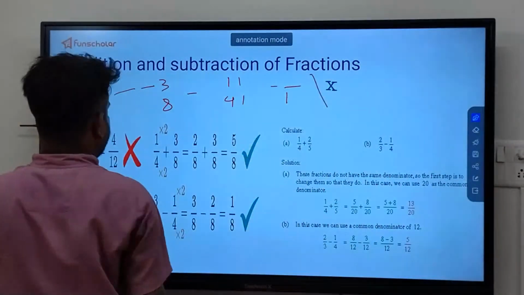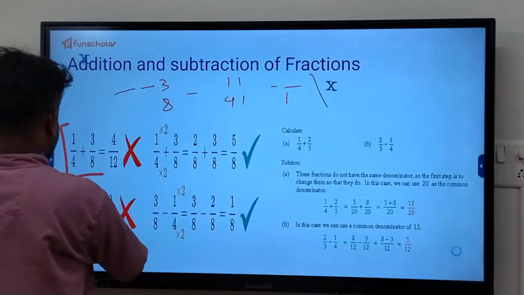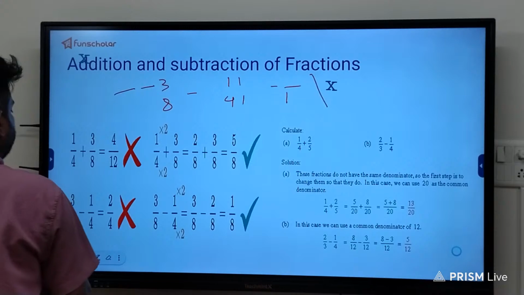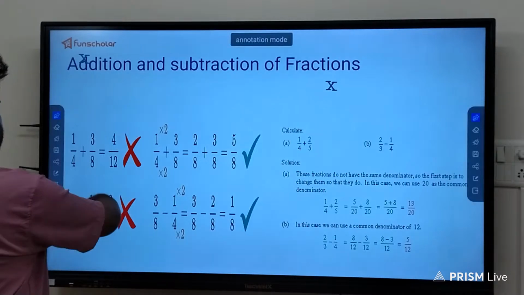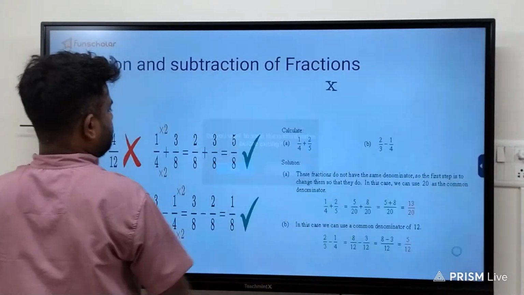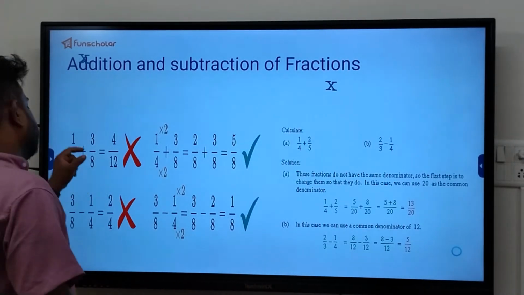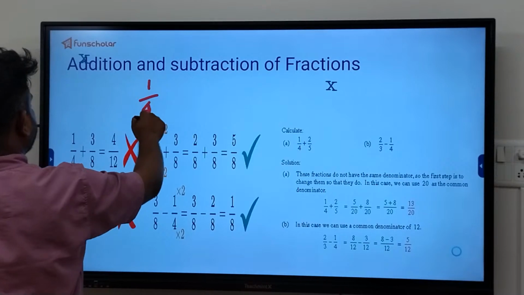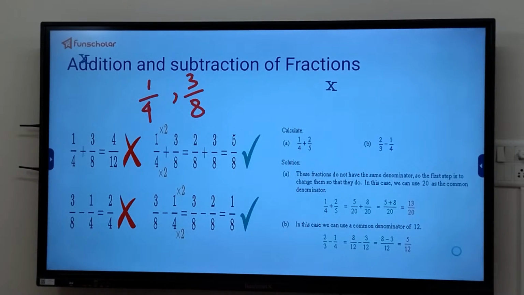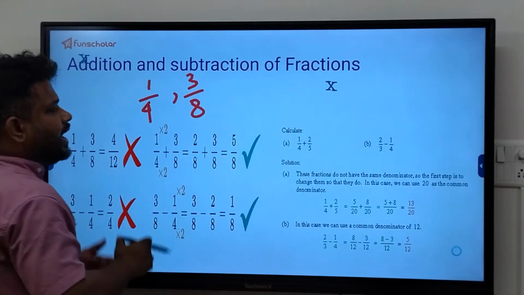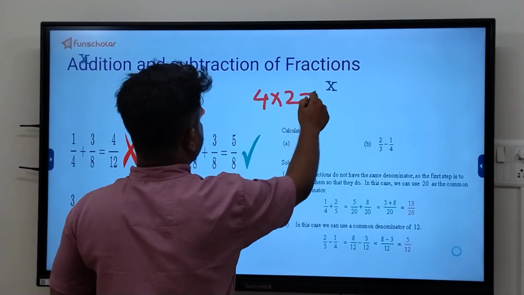So what should we do in these kinds of situations? First of all, we will try to make these two fractions, 1 by 4 and 3 by 8, similar fractions. You can see that 4 and 8 have a connection: if I multiply 4 by 2, it gives us 8.